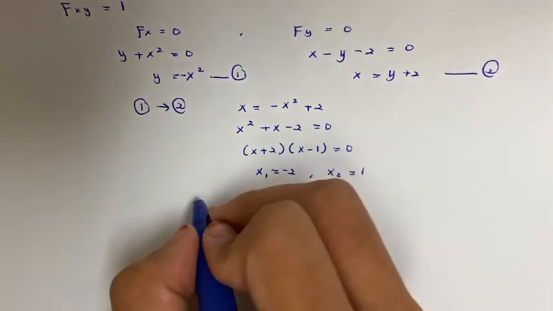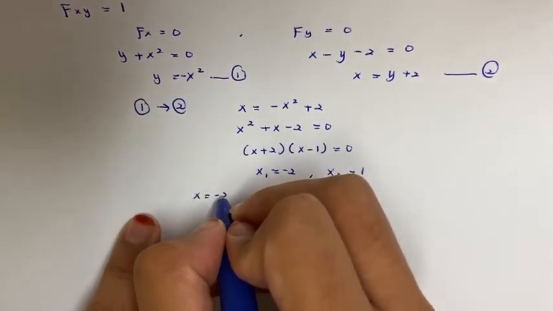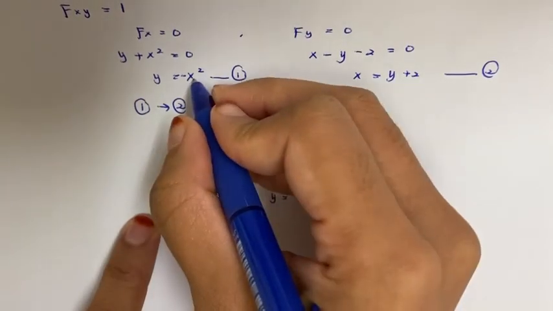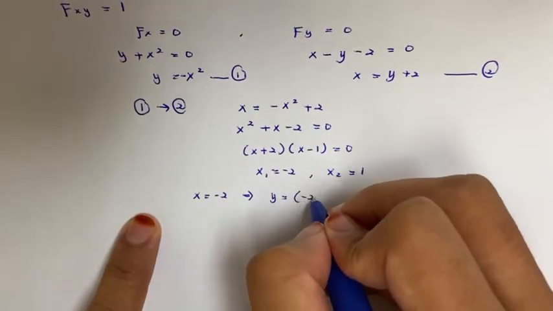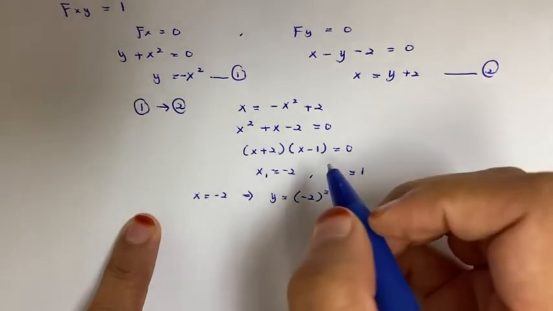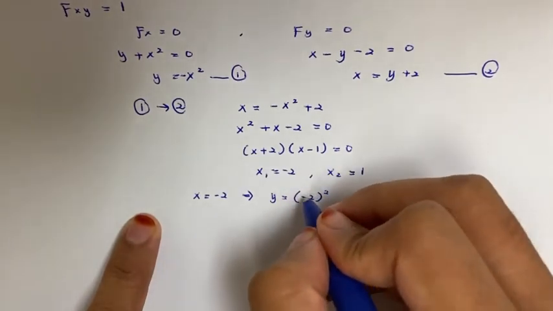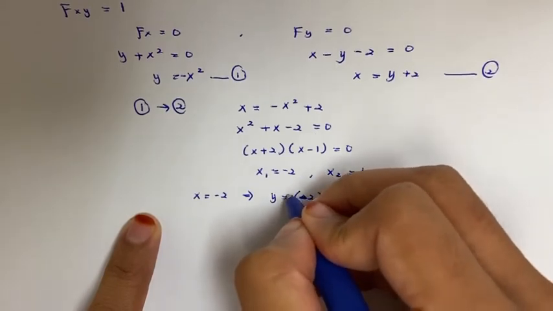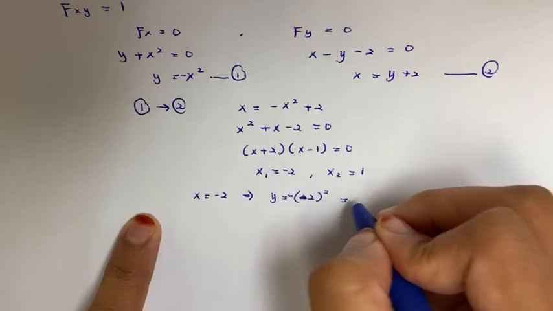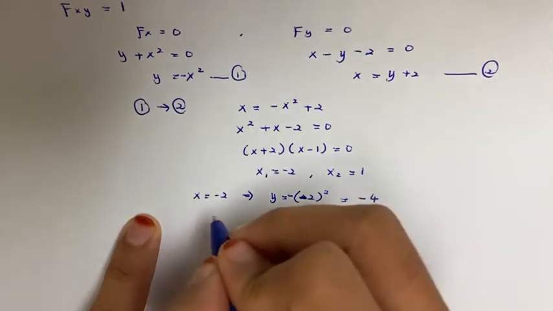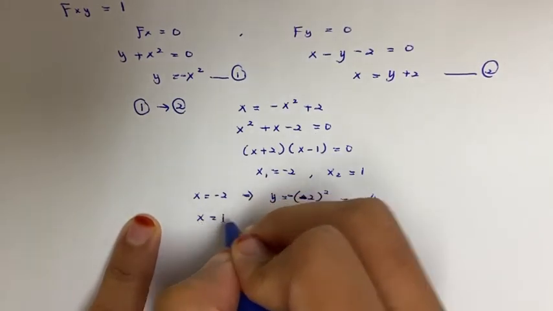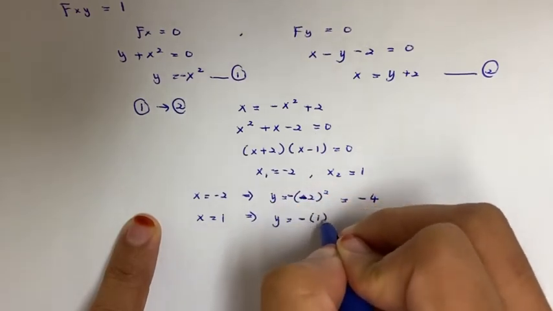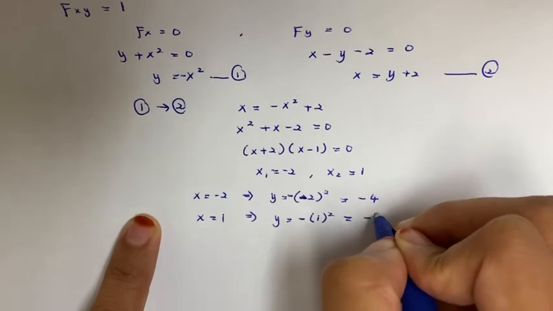Then from here, substitute when x equals negative 2. So your y is equal to minus negative 2 squared, so you have negative 4. And when x equals 1, you have y equal to minus 1 squared, which is equal to minus 1.